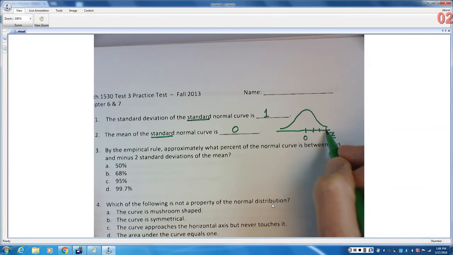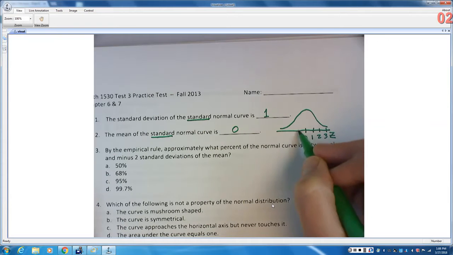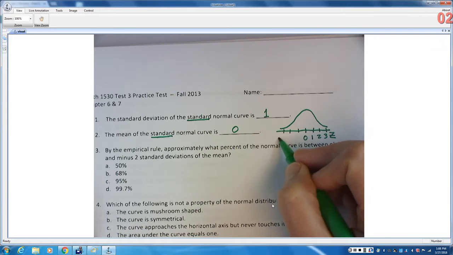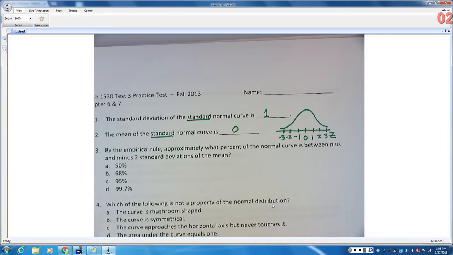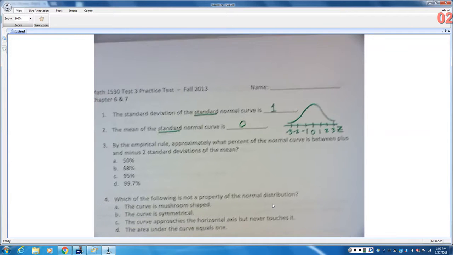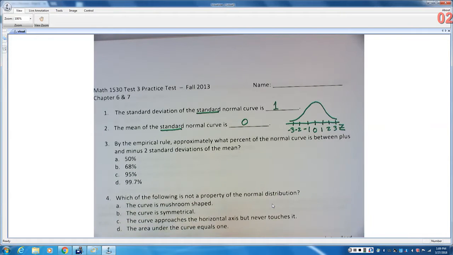We made about 3 marks, 1, 2, 3. This is the standard normal curve. And we started out with that, and we found areas under that curve, and we found probabilities. That's areas. And we found z-scores. The z's here are called z-scores.